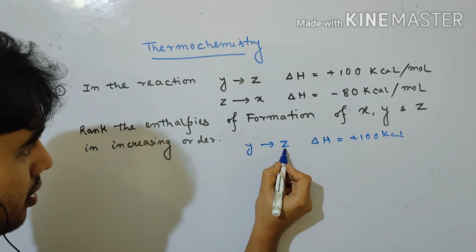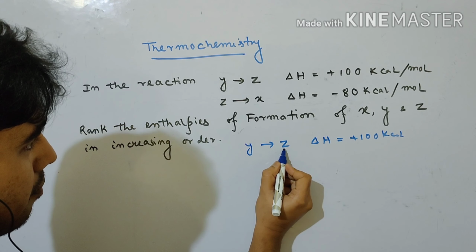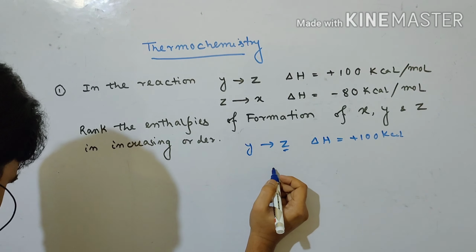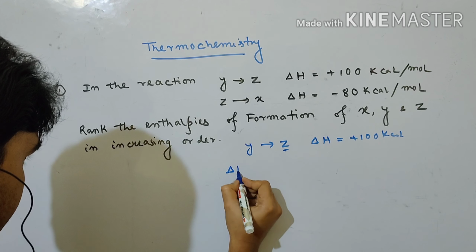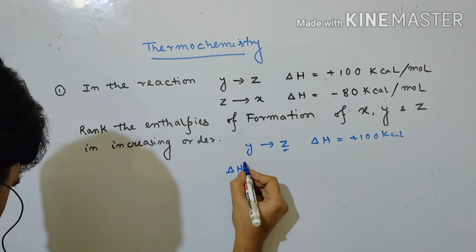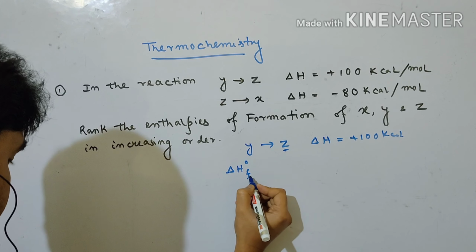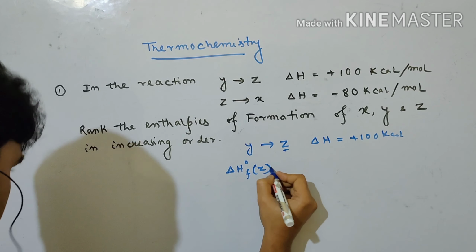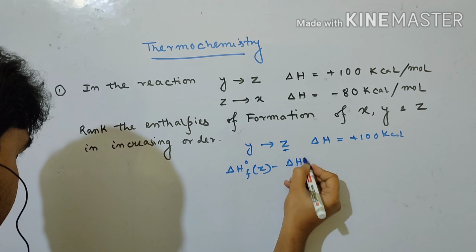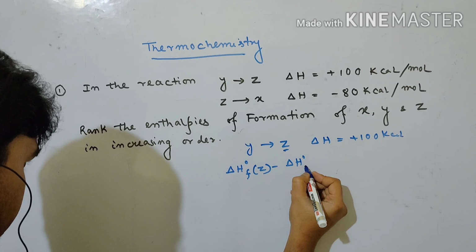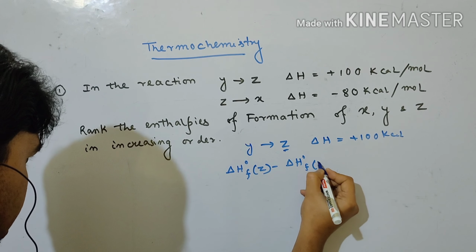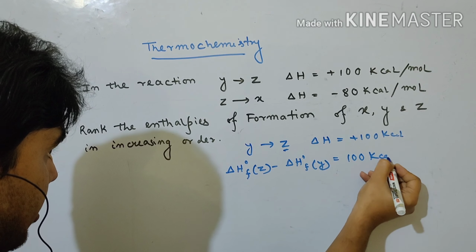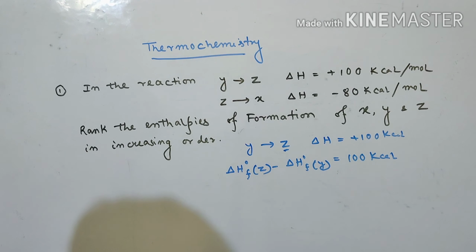So what does it mean? It means that delta H, that is the standard enthalpy of formation of Z minus the standard enthalpy of formation of Y, should be 100 kilocalories.